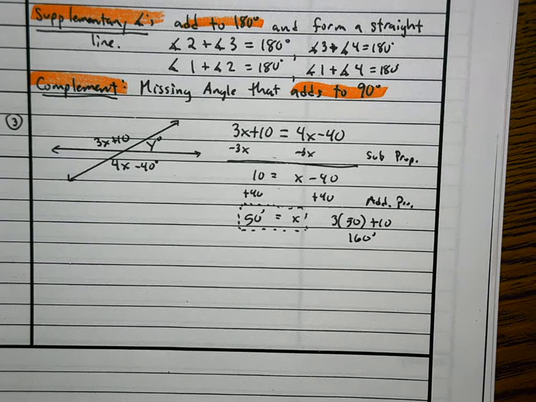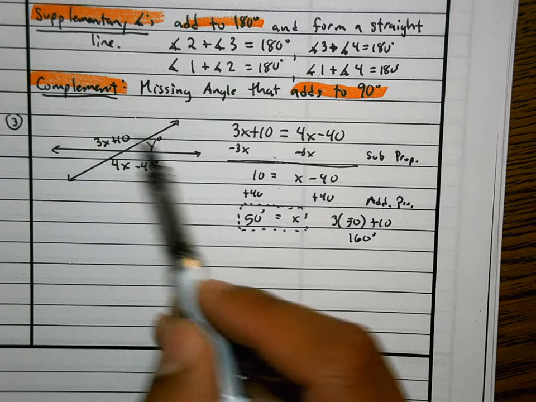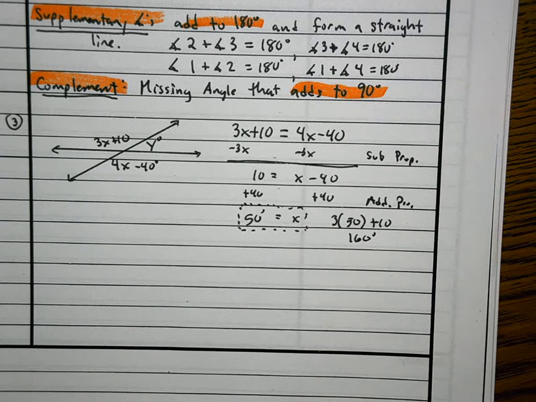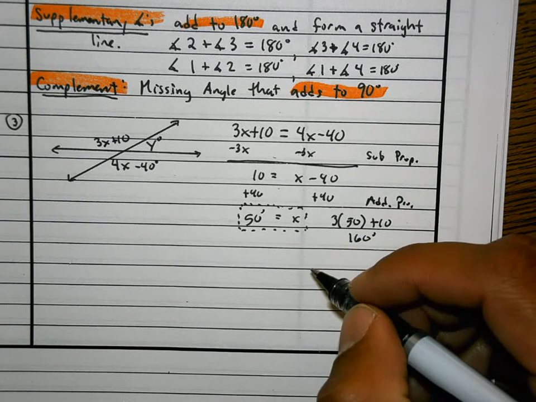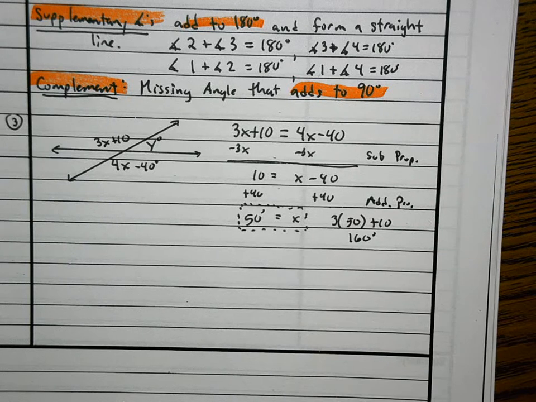You need to know that before you can figure out what y is. This angle is 160, and this angle y is supplementary to the 160 degree angle. If you want to figure out what y is, and that's one of your questions, how did you figure that out, Logan?